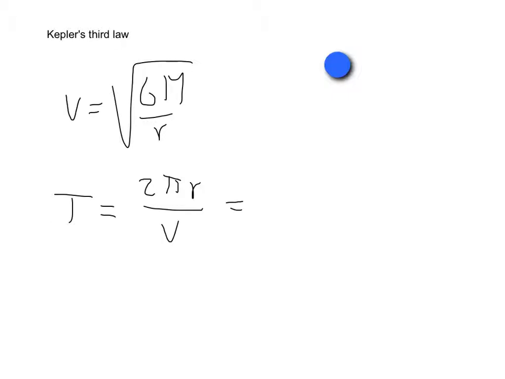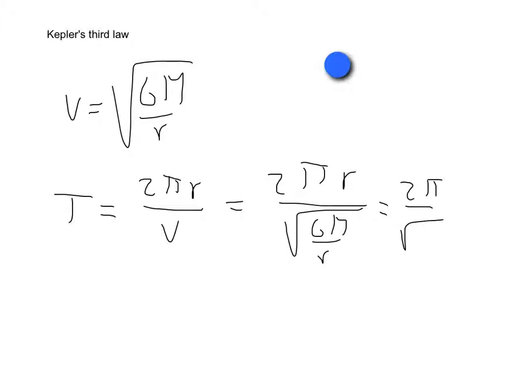So 2 pi r over square root of GM over r, and that's going to equal 2 pi over square root of GM, and then this is dividing in the division, so it goes multiplying. So this r to the 1 plus 1/2, that's 3/2. So times r to the 3/2.